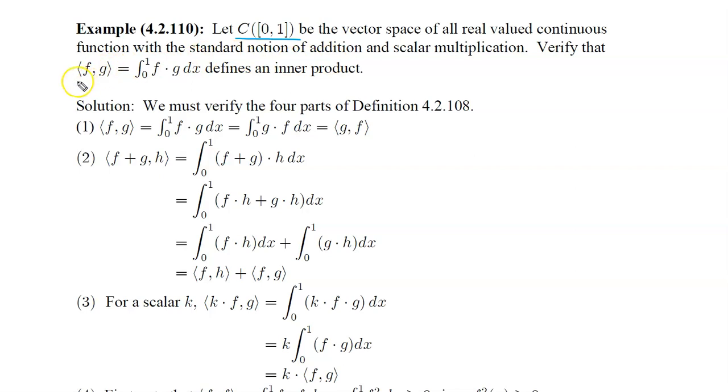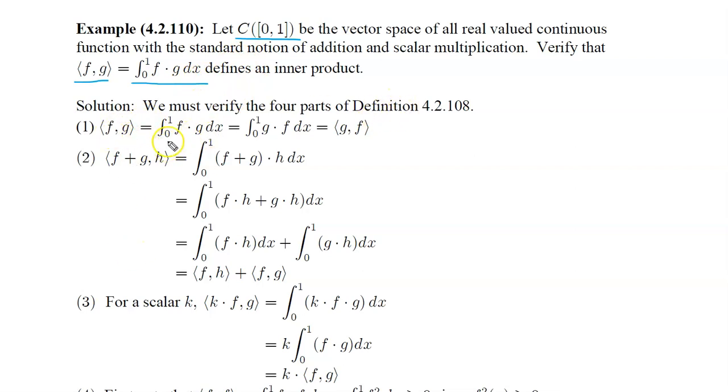Let's verify that this notion right here of an inner product actually satisfies all four properties of an inner product. So the inner product of f with g is just the definite integral from 0 to 1 of f times g. Notice that this will give us back a real number r. So we have to verify all four of those properties hold.